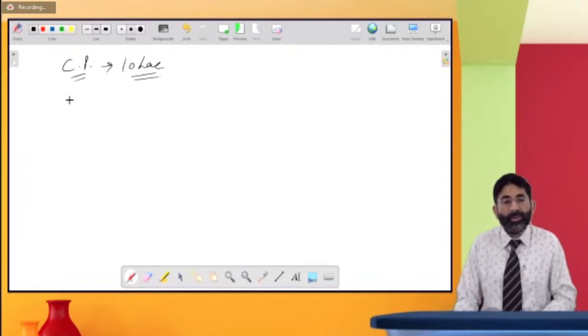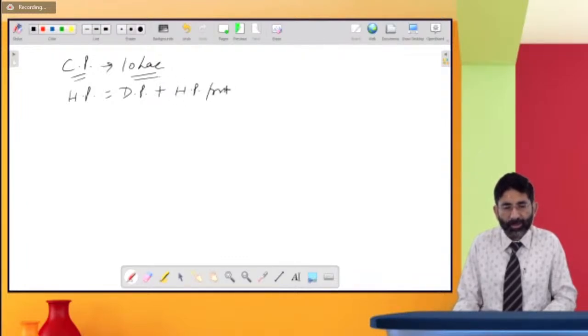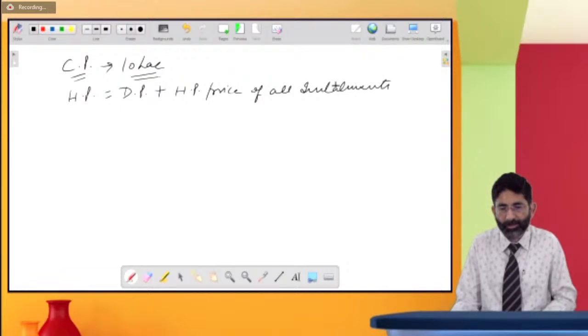Now, what is the hire purchase price? Hire purchase price is meant for down payment plus hire purchase price of all installments or EMIs. So if you total both of them, 2 lakh is the down payment in the given case, and 20,000 per month is the EMI, the HP price of the installment. 20,000 into 50 installments.